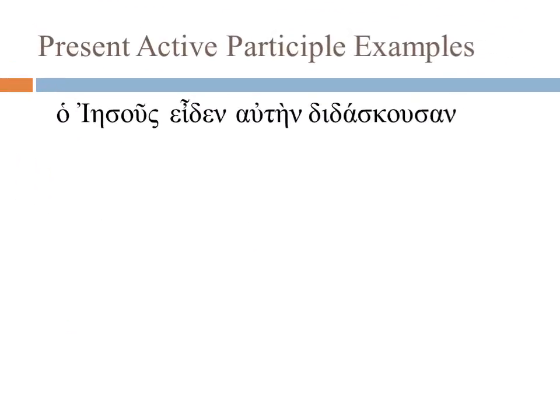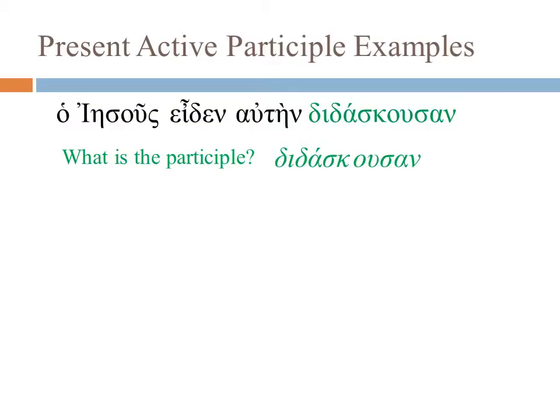Ha Jesus eden autein didaskusan. Now this is kind of different. So let's look for the participle. And what we have is didaskusan. But when we look at this participle, we realize this is not a nominative participle.